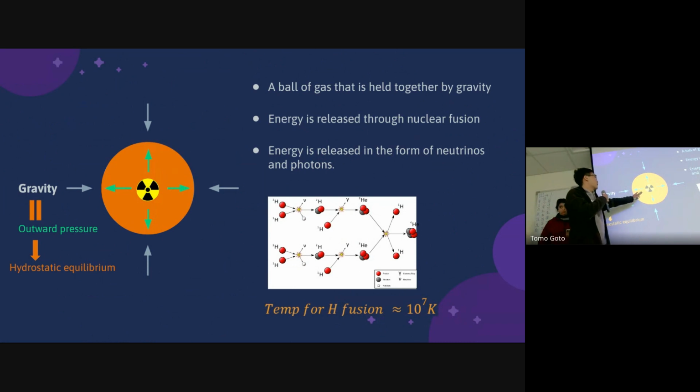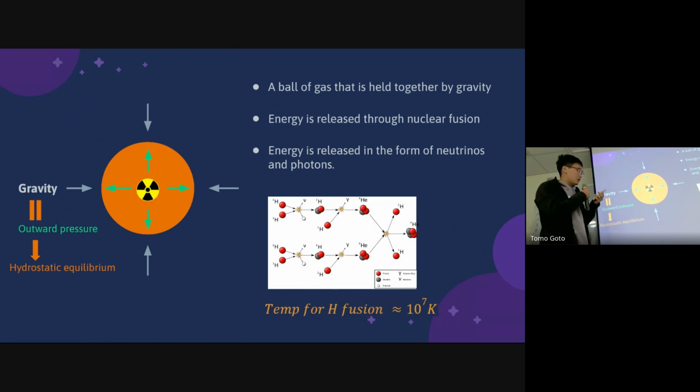At the center of the star, energy is released through nuclear fusion, which exerts outward pressure, which is the green sign here. And when the outward pressure is balanced with the inward pressure, which is gravity, we call it hydrostatic equilibrium. And in the process, energy is released in the form of neutrinos and photons.